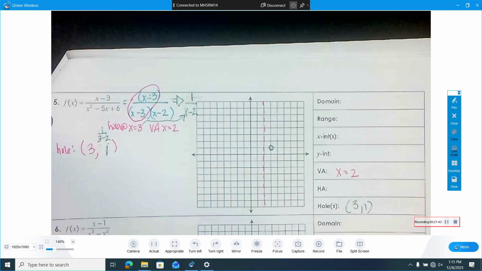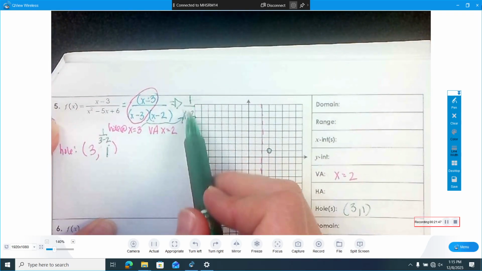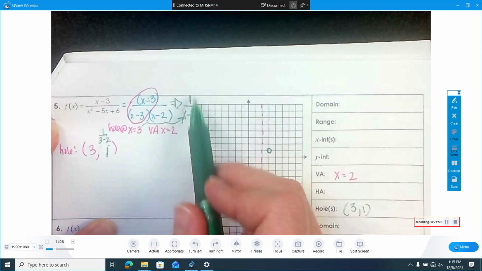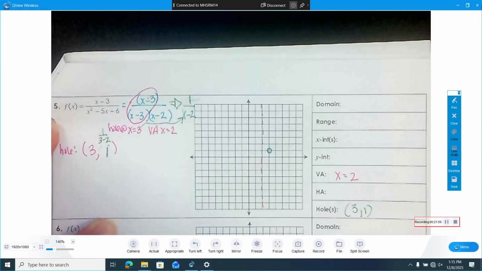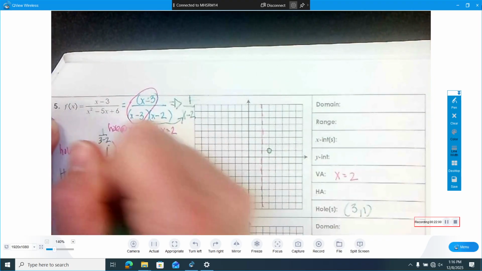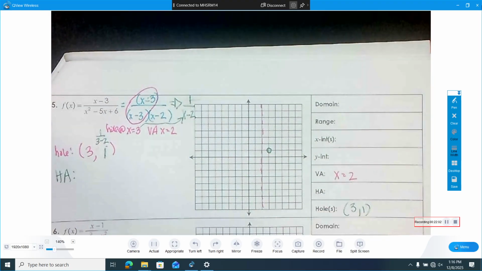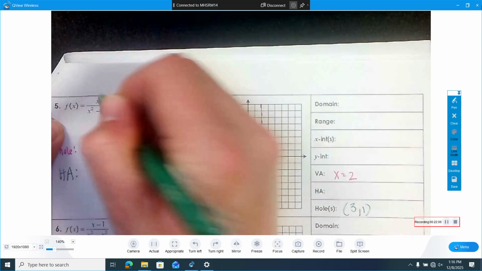Now, this is kind of interesting. This is a rational fractional function, so we're left with a rational fractional thing at the end. The others had cleaned up nicely to just a straight line. So we're going to have a horizontal asymptote here. The degree of the numerator is 1.